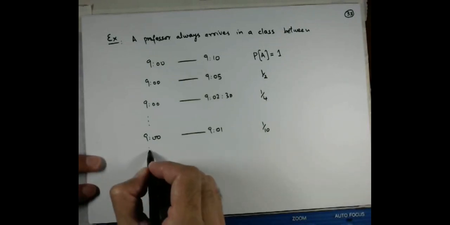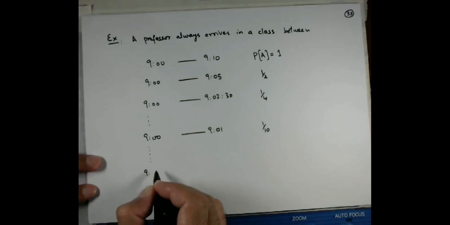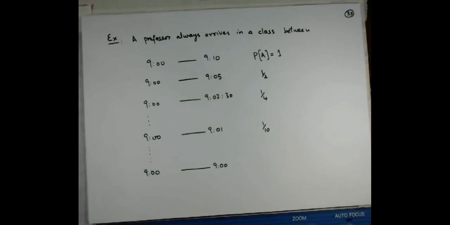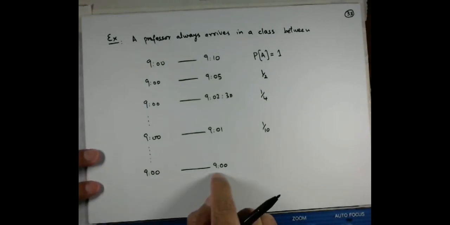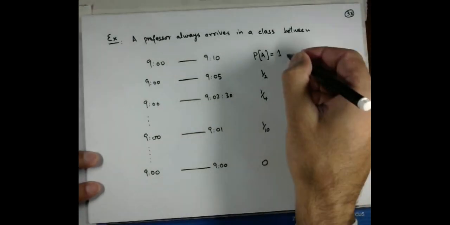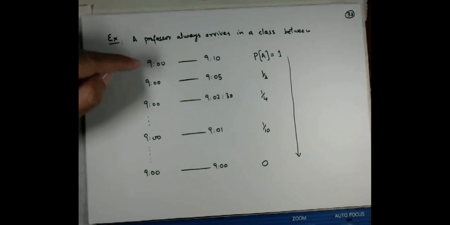So if we keep on reducing the interval, ultimately from 9:00 till 9:00, then what is the probability that the professor arrives within this particular interval? It has to be 0, because you see a decreasing trend in the probabilities when you reduce the interval.